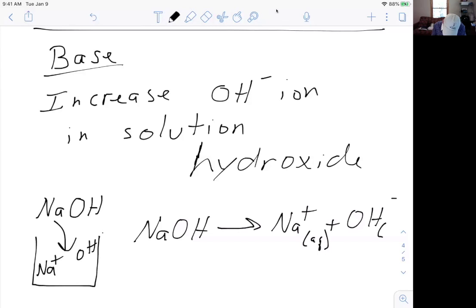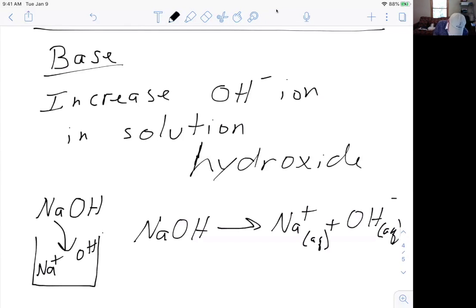You guys remember aqueous? That just simply means that it's in a solution. So the two definitions that you have to remember: anything that increases a hydrogen ion in solution is an acid. Anything that increases a hydroxide ion in solution is considered a base.